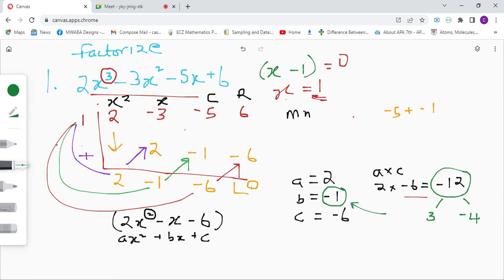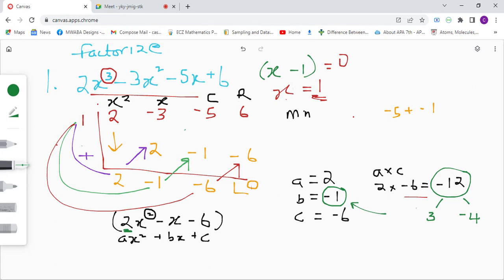Now, we're not just going to write it as x plus 3 and x minus 4. Whenever you're doing a quadratic with a leading coefficient which is not 1, it's different. If it was x squared minus x minus 6, we would have simply written the factors as x plus 3, x minus 4.